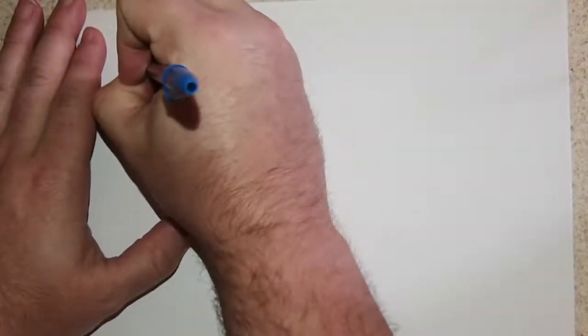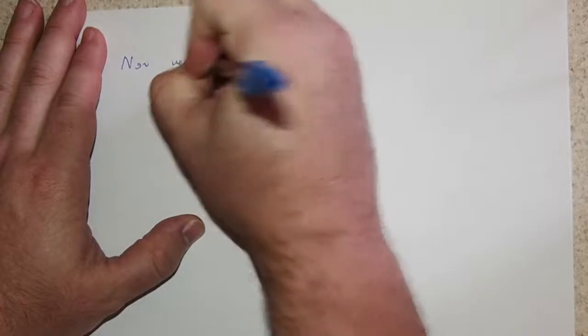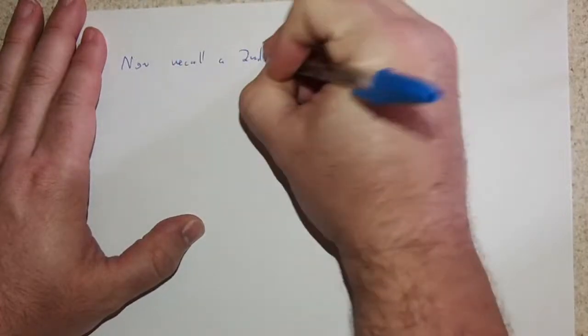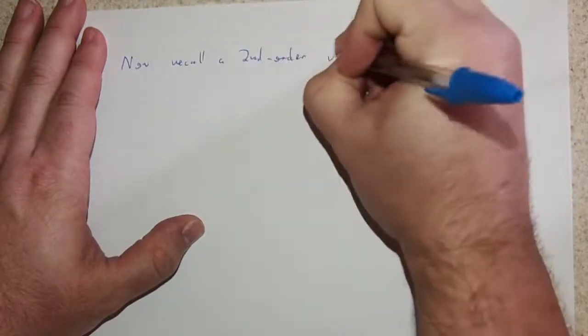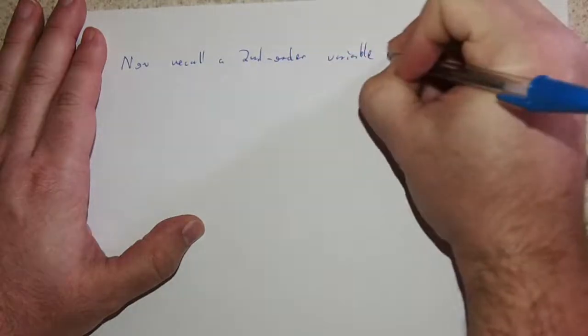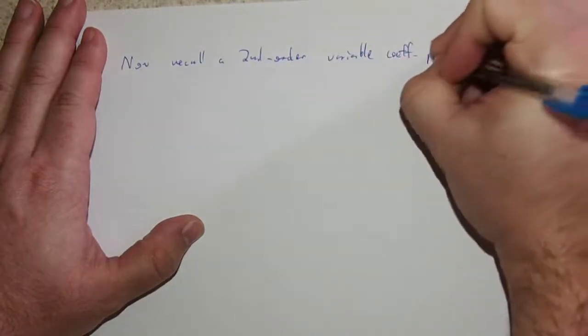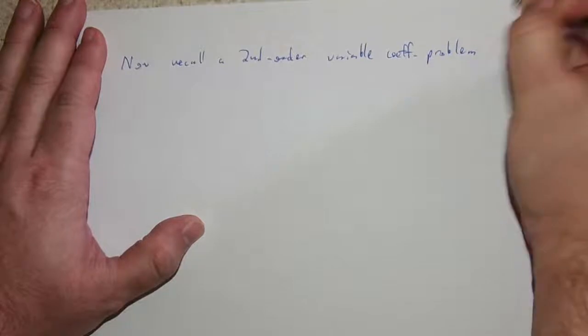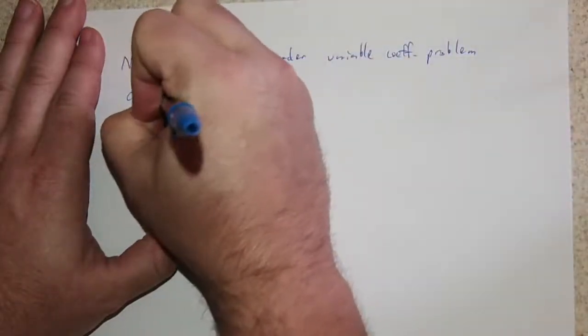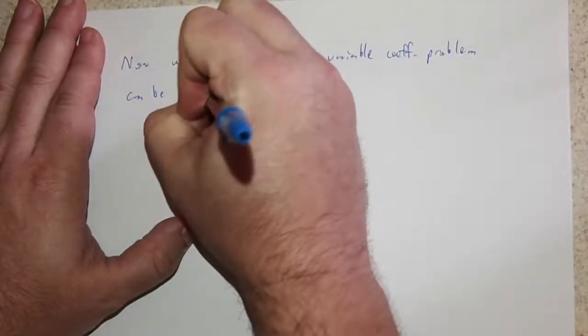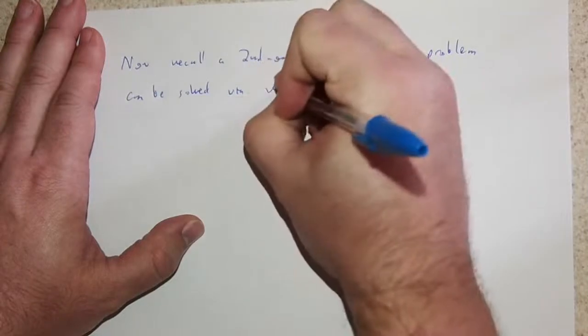So let's see where this comes from. Recall a second order variable coefficient problem can be solved via variation of parameters.